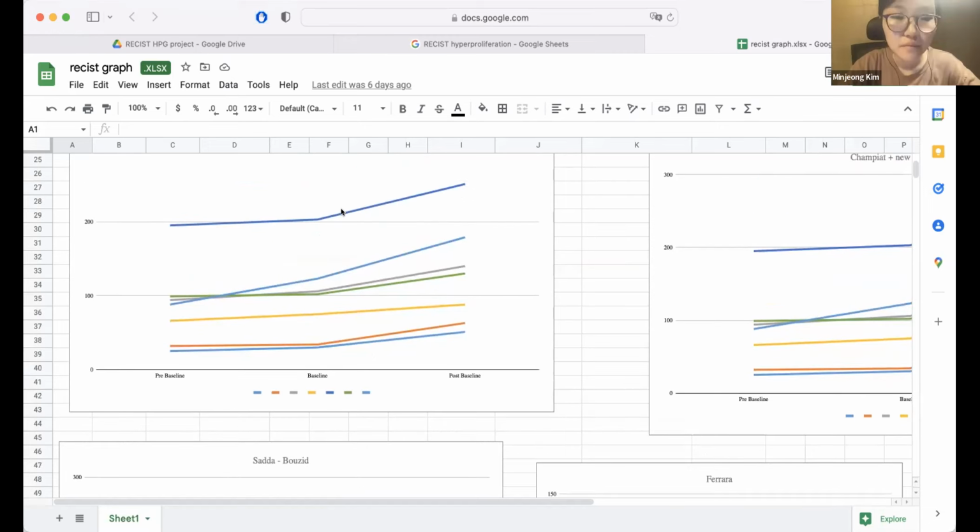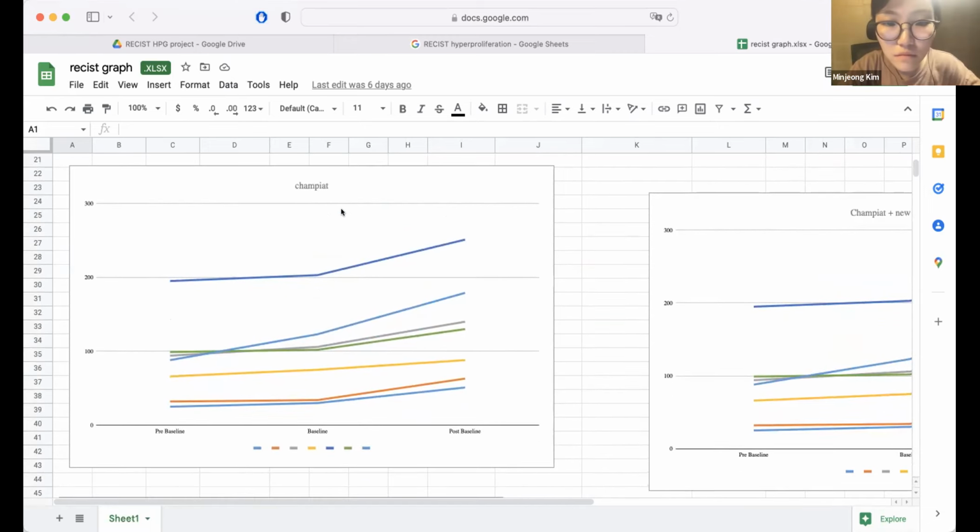If you use Champion with the RECIST criteria, you need the TGK and TGR and also the criteria for progressive disease, right? But it's back to the topic again. If we see the slope, it's just a little bit of an amount, right?